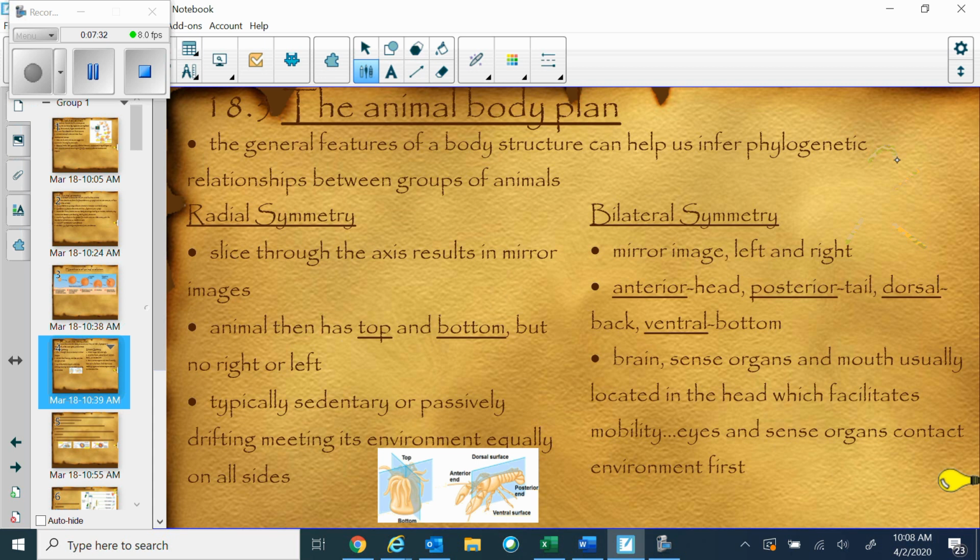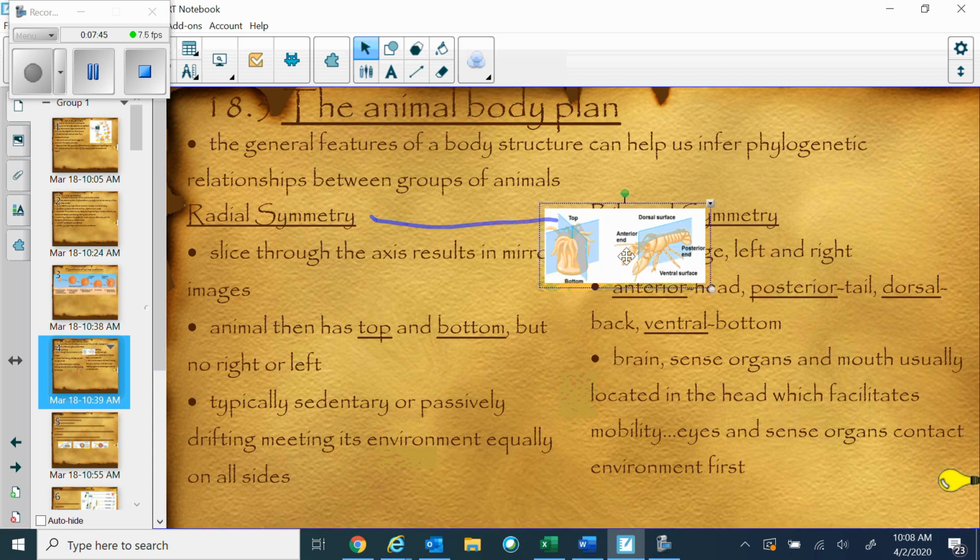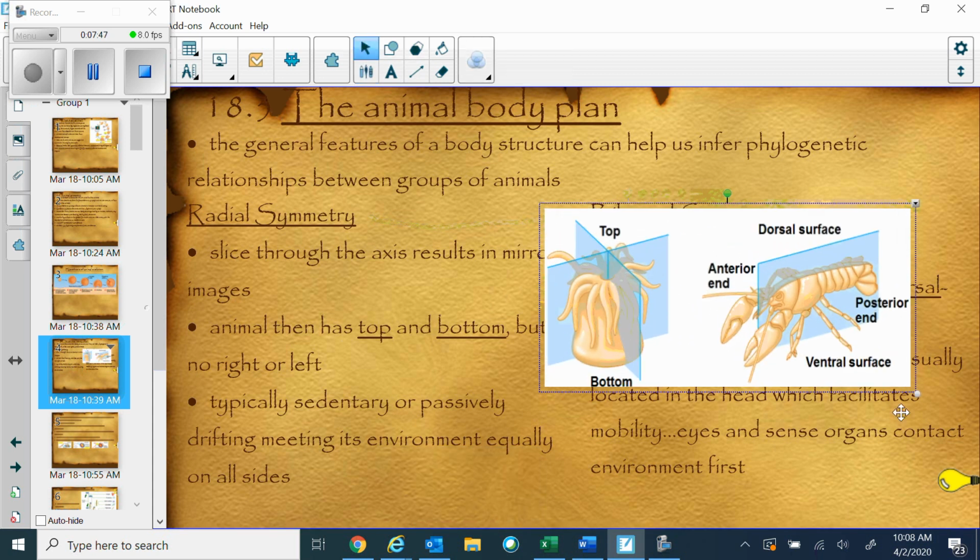Prior to that plan emerging, there was something a little bit less complex, and we're going to compare radial symmetry to bilateral symmetry here, and it's these relationships that tell us who's more or less related. So radial symmetry, if you're hearing the word radius, that's good. This creature here could be a sponge.